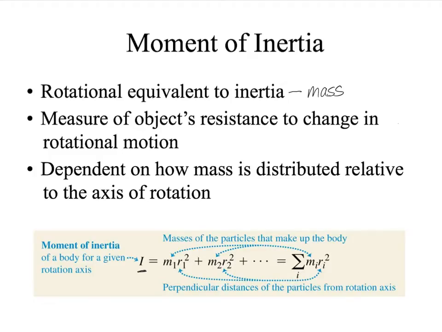The shorthand that we use in physics is we say that the moment of inertia is the sum of the mr squares. The r allows us to talk about where the mass is relative to the axis of rotation. Squaring it disallows the fact that masses on either side of an axis would cancel each other out.